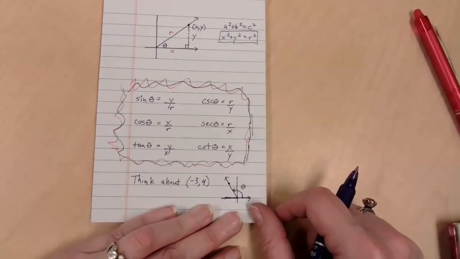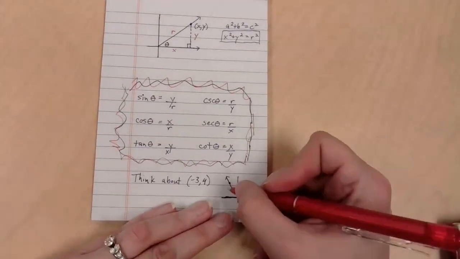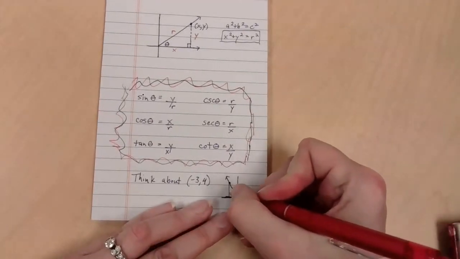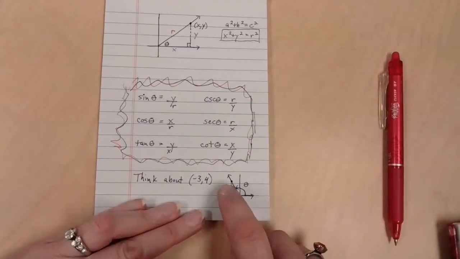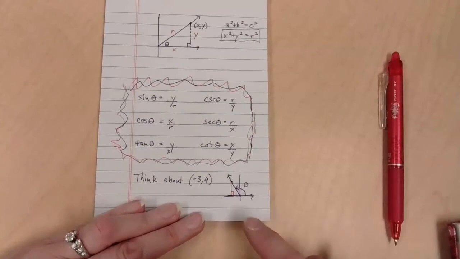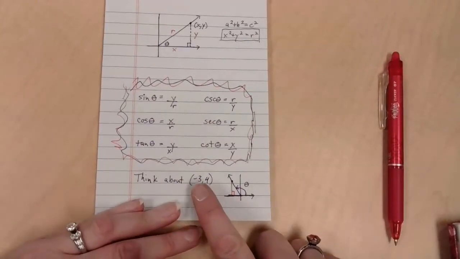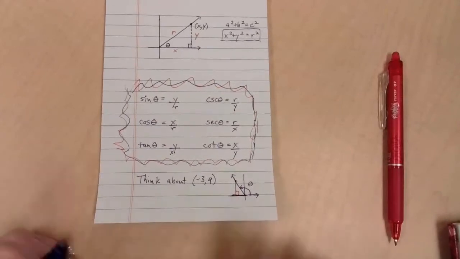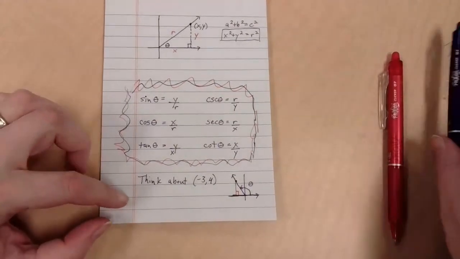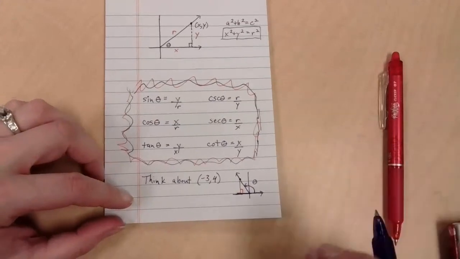But what did we just finish talking about? Reference angles. We're going to use this triangle as our right triangle. And we still have x and y and r. The only difference with it being negative is that my x value is actually negative. So this refers to a direction. So if I would like to find, I'm going to go with cosine because it makes sense for what I'm talking about right now.